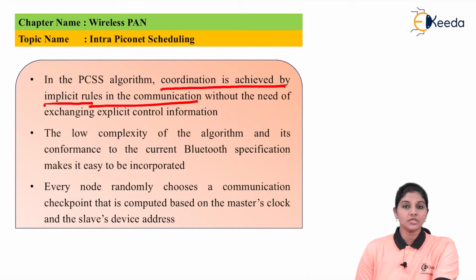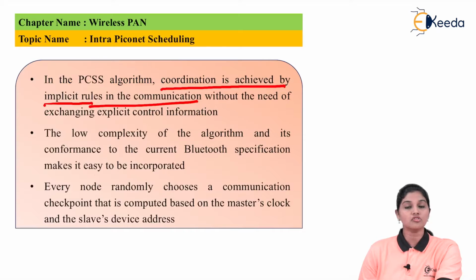In the PCSS algorithm, the coordination is achieved by using some implicit rules of communication, without actually performing an explicit exchange of control information. Because of the low complexity and the compatibility with the current Bluetooth specification, it is easily possible for the algorithm to work in coordination with the Bluetooth specification.